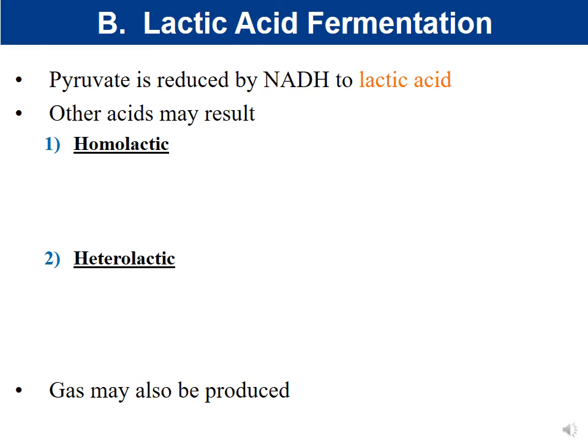So in lactic acid fermentation, pyruvate is reduced by NADH to form that lactic acid. Sometimes other acids may result. If we call the organism homolactic, homo means same, and that means that only lactic acid is produced.